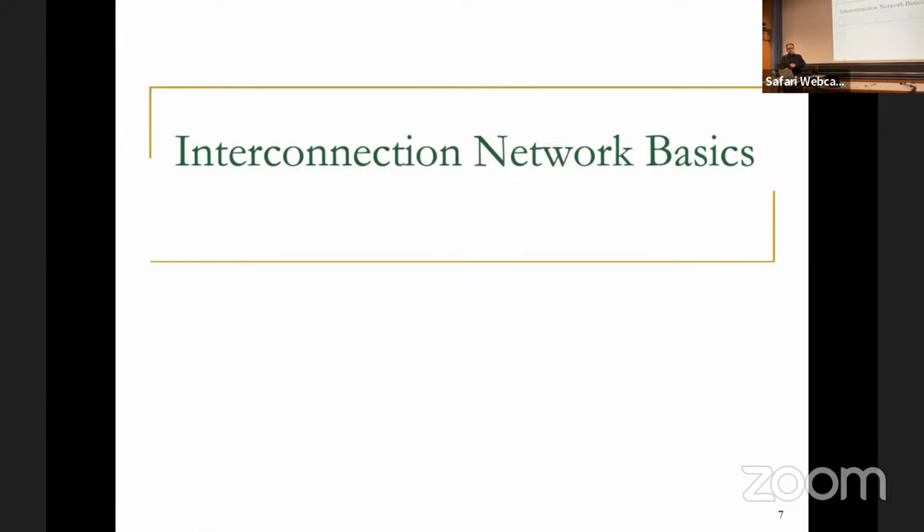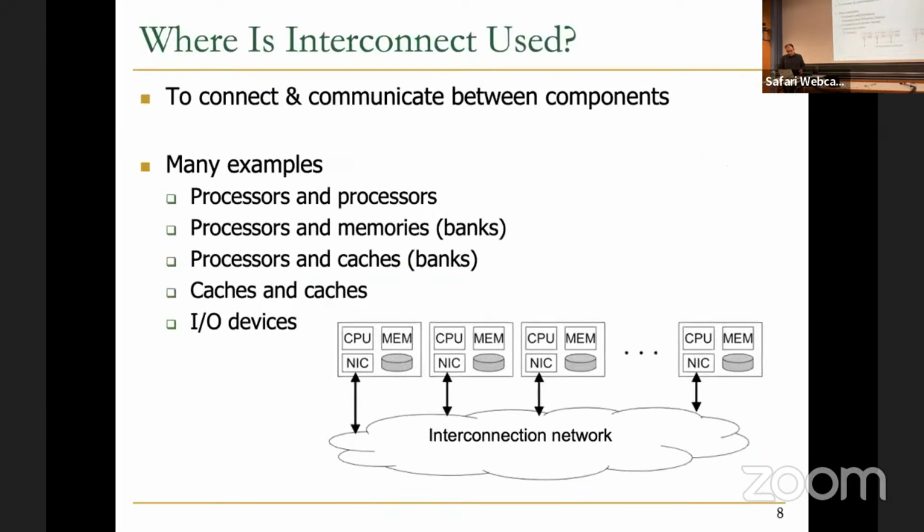Okay, let's start with some basics. The first question is, where is interconnect used? The answer is simple. We use interconnect to connect and communicate between components, and these components can be anything. For example, when you want to communicate processors with processors, processors and memories like memory banks or cache banks, or caches and caches.